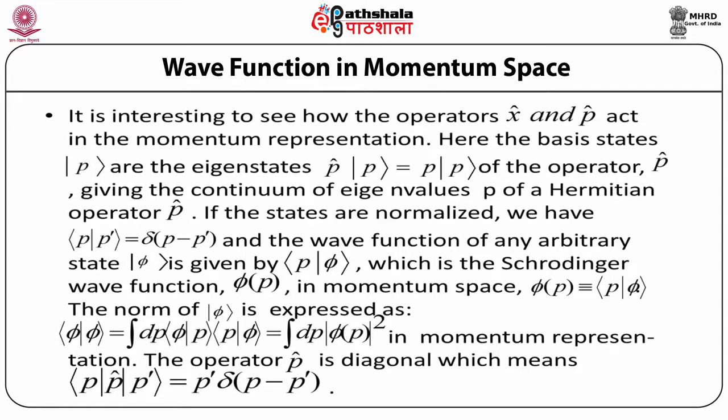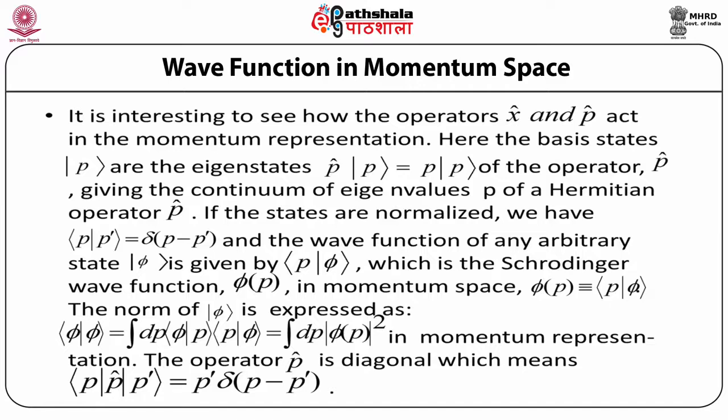So now if we want to study these operators in the momentum representation, we can first define the basis states ket p as operator p acting on ket p is equal to p times ket p, where ket p are the eigenstates of the operator p, giving the continuum of eigenvalues p of a Hermitian operator p.